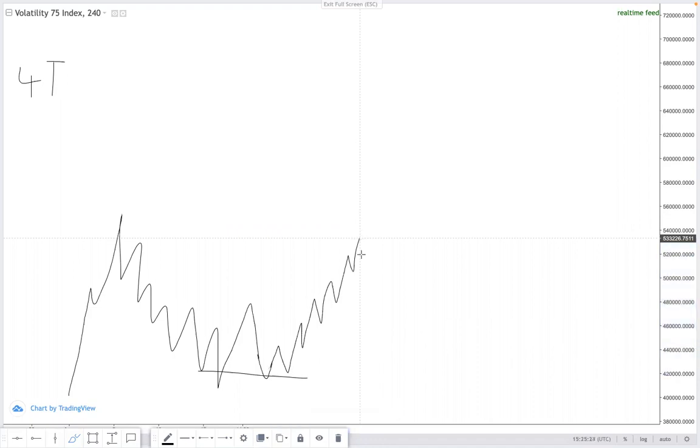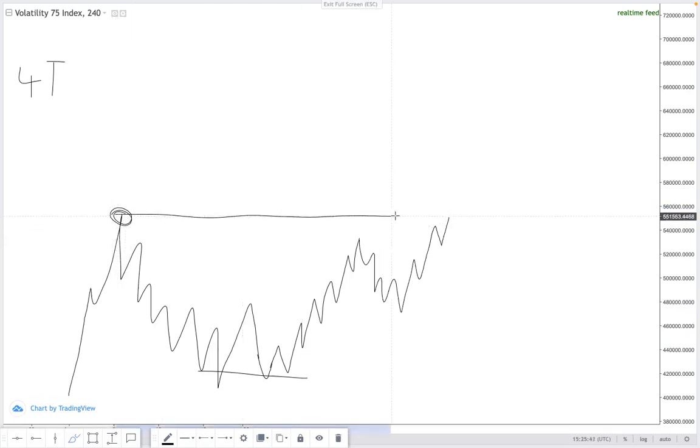So let's say we're holding this buy entry right here, and at the time we're holding this buy entry, we can see somewhere around here we have a structure retest, and it's a 4 hour structure retest.